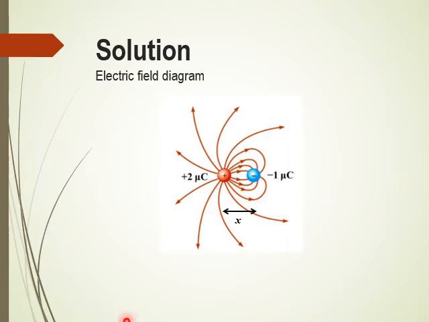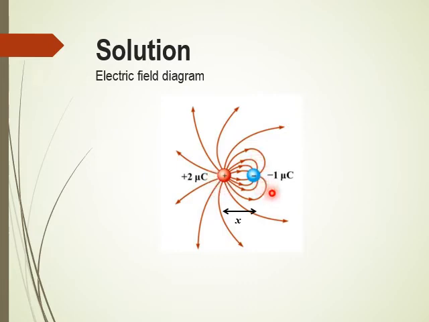As you can see in this diagram, I have two charges, one positive 2 microcoulomb and the other negative 1 microcoulomb. They are separated by a distance x right here. If you look at the directions of the electric field lines, since one is a positive charge and one is a negative charge, the electric field lines are going to leave the positive charge and enter the negative charge.